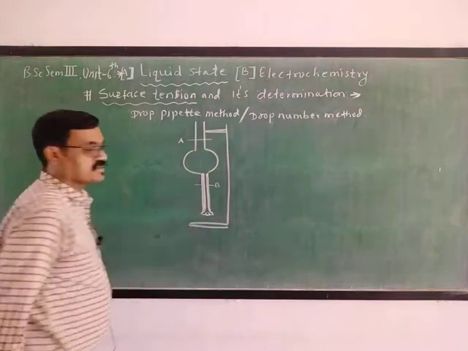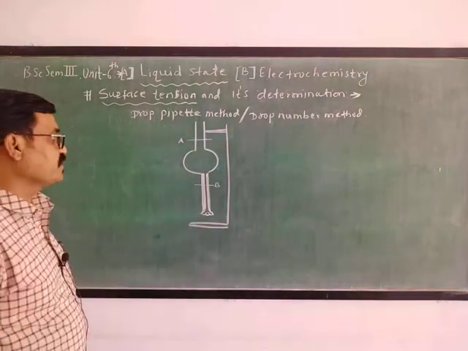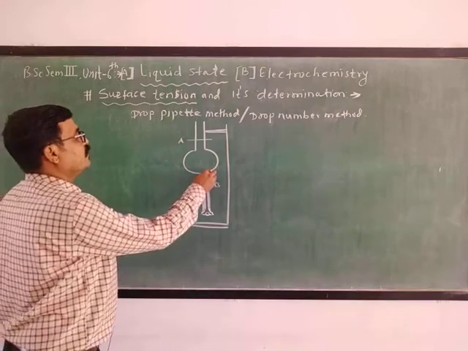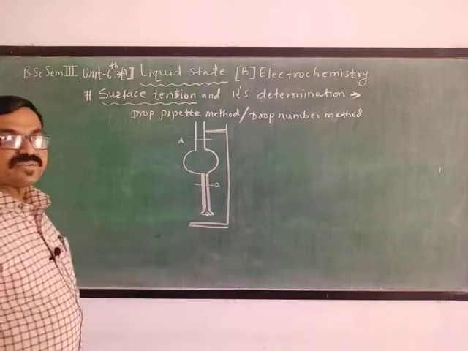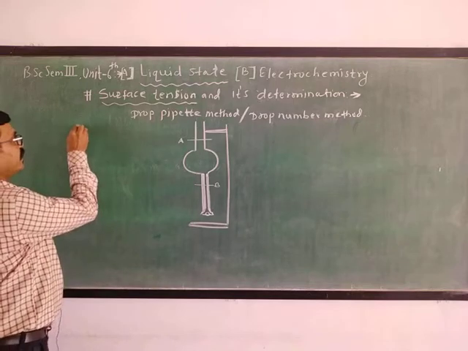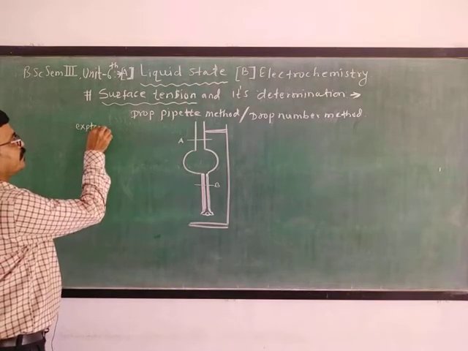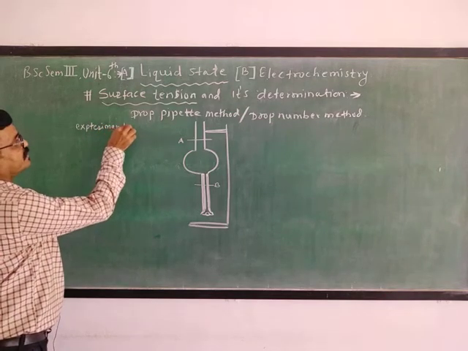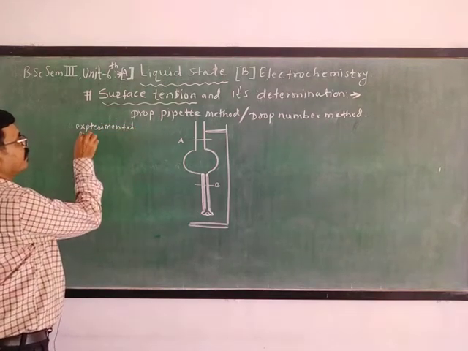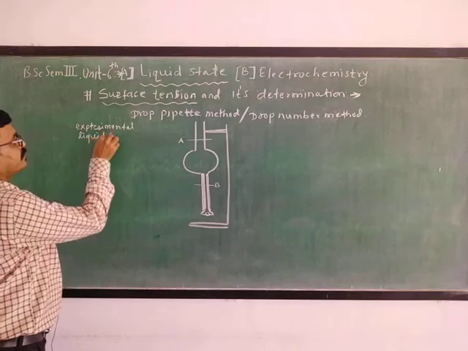This is the apparatus used for the determination of surface tension. Now, in order to determine the surface tension, the experimental liquid is taken, of which we have to determine the surface tension.